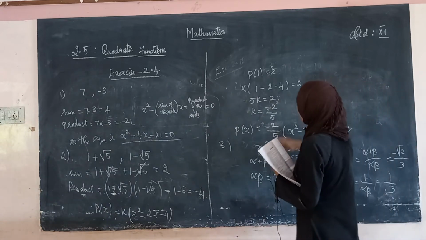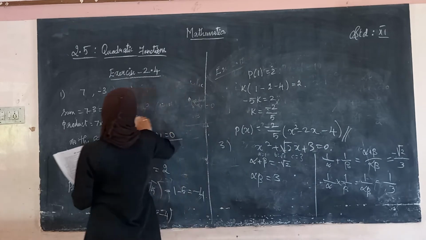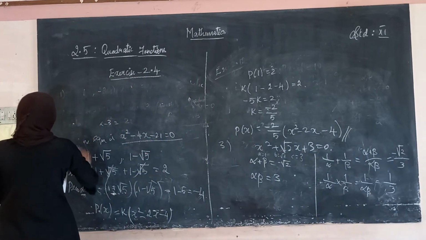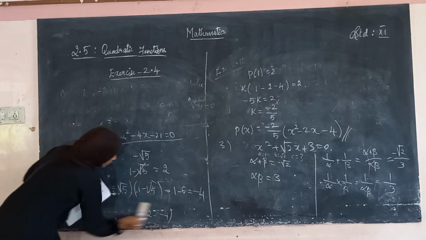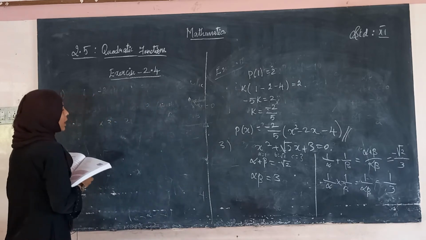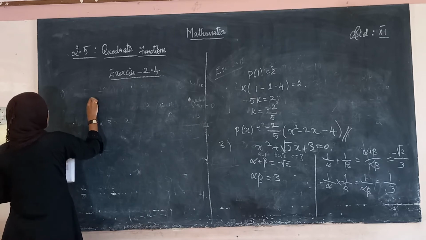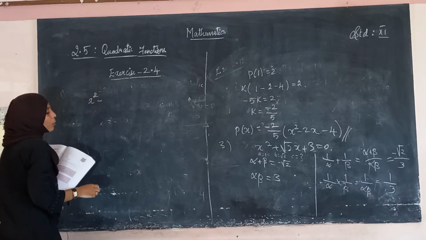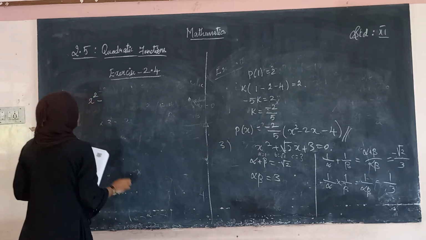Using this, shall we find the equation? Using this formula, the equation will be x squared minus the sum of the roots. What's the sum of the roots?